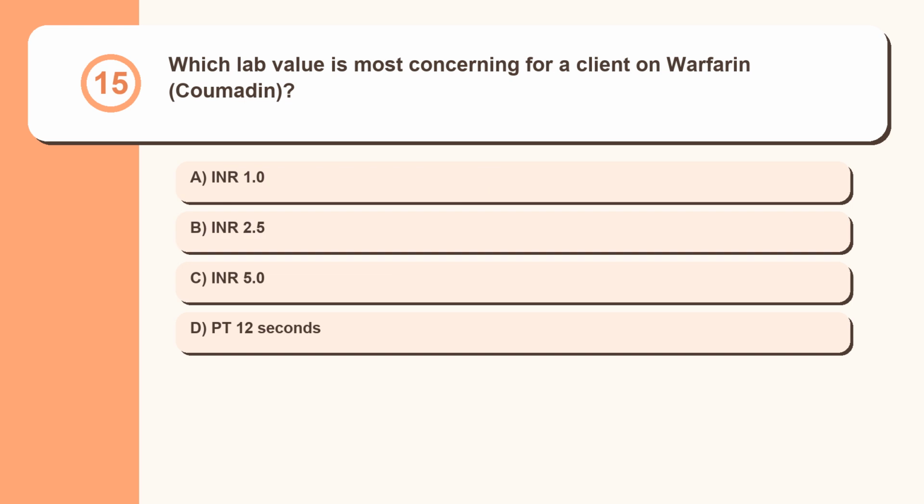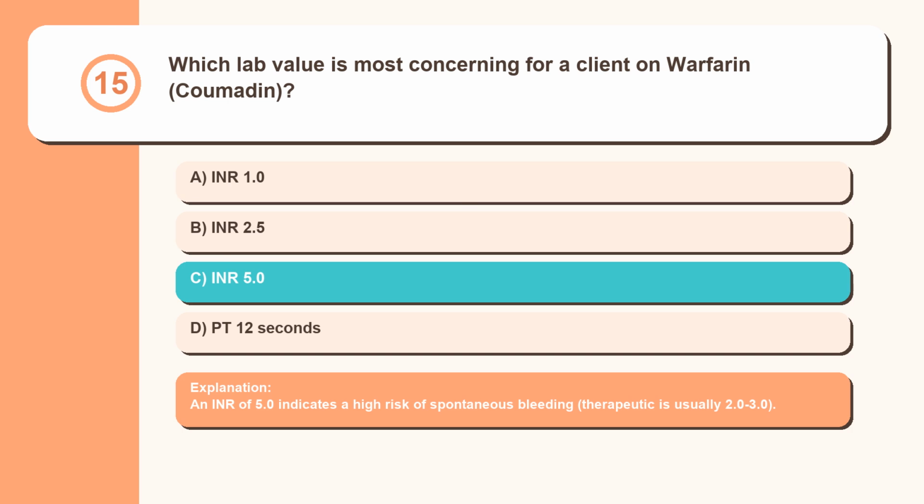Question 15. Which lab value is most concerning for a client on warfarin, Coumadin? INR 1.0, INR 2.5, INR 5.0, 0.12 seconds. An INR of 5.0 indicates a high risk of spontaneous bleeding. Therapeutic is usually 2.0 to 3.0.